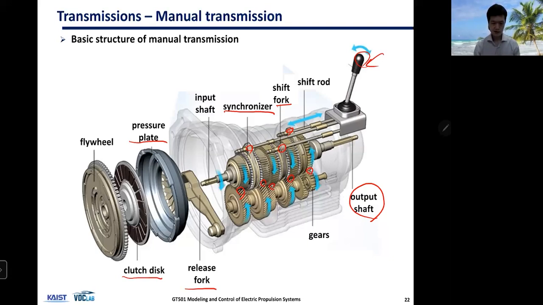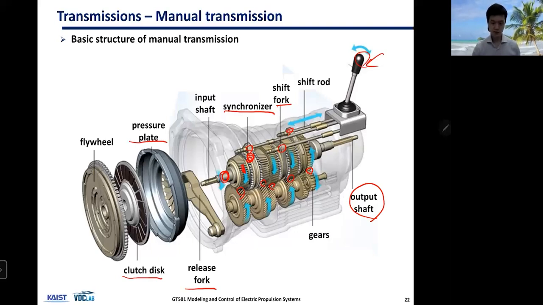And what's actually connecting and disconnecting is this synchronizer, which connects the shaft with the gear, meaning that if you disconnect the gear from the shaft, then your shaft speed and gear rotating speed will be decoupled.